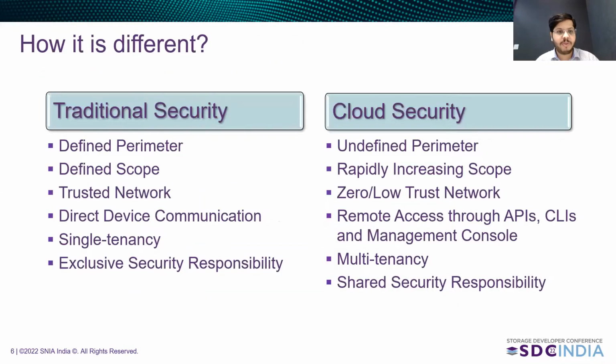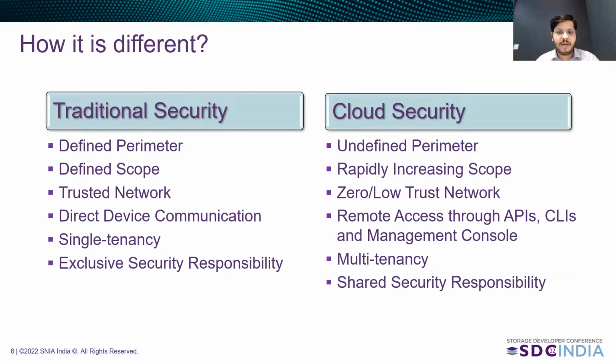Now we will discuss traditional security and cloud security. Traditional security means on-premises data center security. In a traditional data center, we have defined perimeters or scope, into which we deploy security solutions like firewalls or intrusion detection systems.